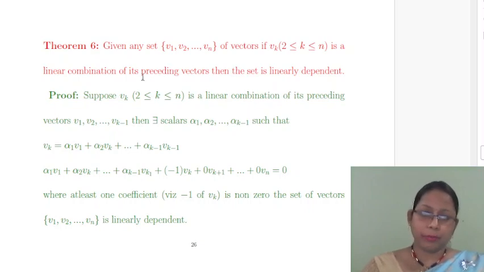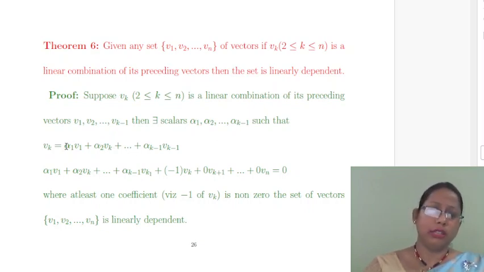Suppose bk is a linear combination of its preceding vectors b1, b2, up to b k minus 1. Then there exist scalars alpha 1, alpha 2, up to alpha k minus 1 such that bk is equal to alpha 1 b1 up to alpha k minus 1 b k minus 1.